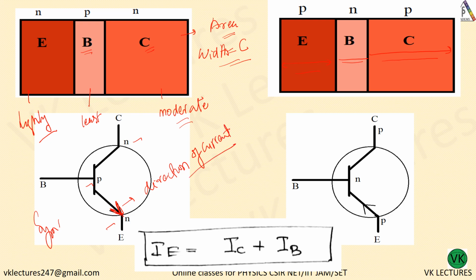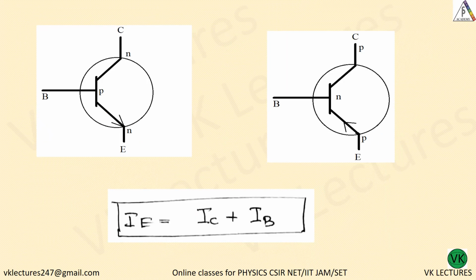If it is towards out, that means from the collector. So this is the NPN transistor, with the arrow mark outward. Okay. So here, the PNP transistor, arrow mark inward. Now this is collector, base and emitter. Here also collector, base and emitter.